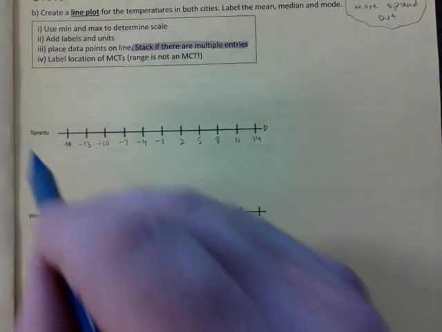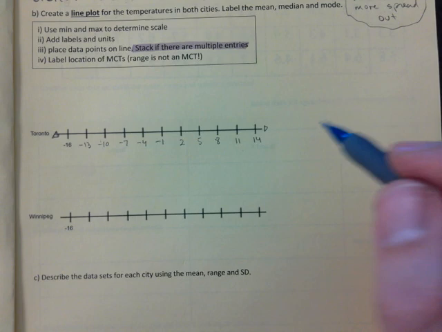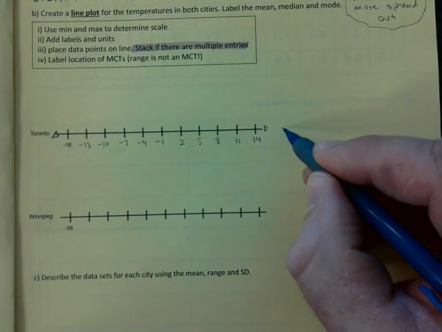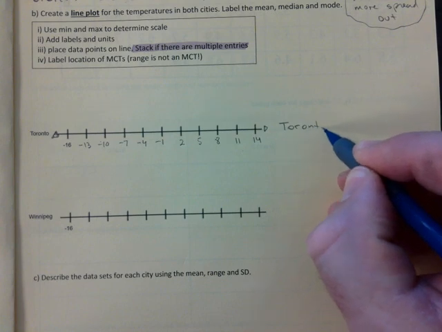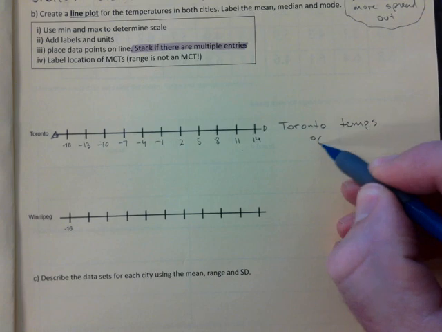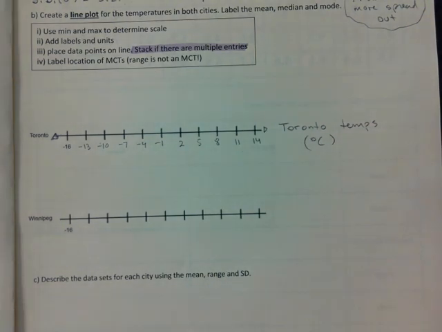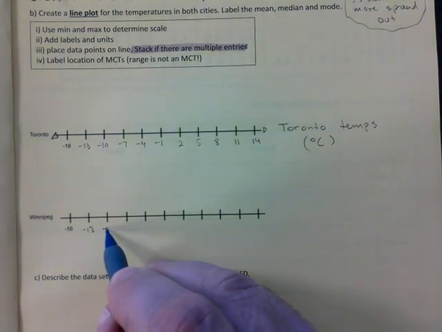We're going to put arrowheads on this. It's technically an x-axis. And we will call this Toronto temps, right? Temperatures in degrees Celsius. And we'll do the same thing for Winnipeg, same scale.